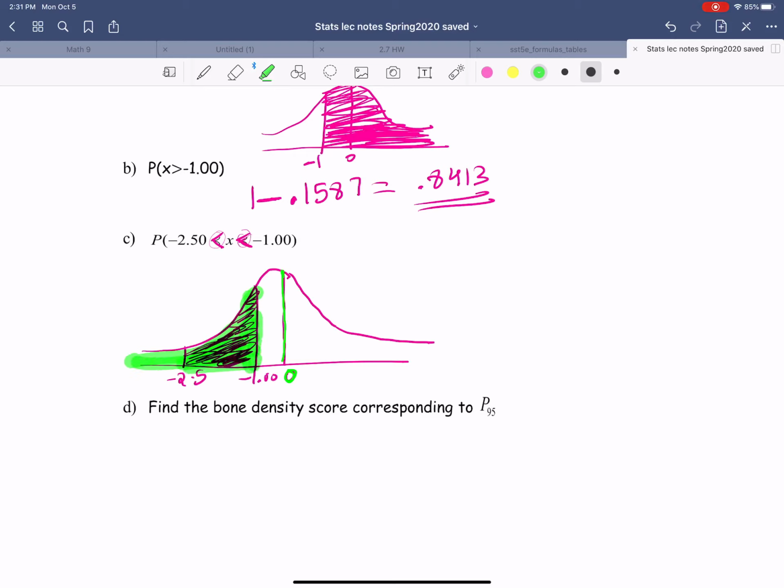Area to the left of negative 2.5 will be this pink area. If I subtract them, I get the in-between area, which I'm going to make yellow now, although it's hard to see the color. So I'm going to find the area to the left of negative 1 and the area to the left of negative 2.5 and subtract them.